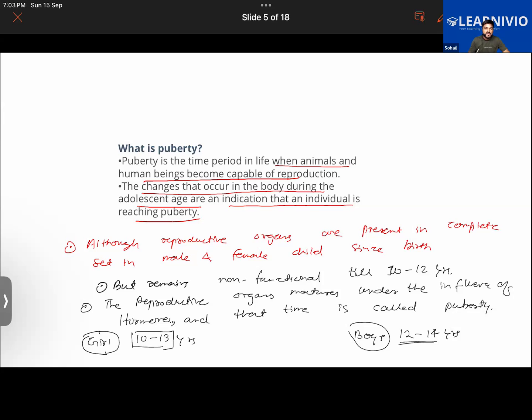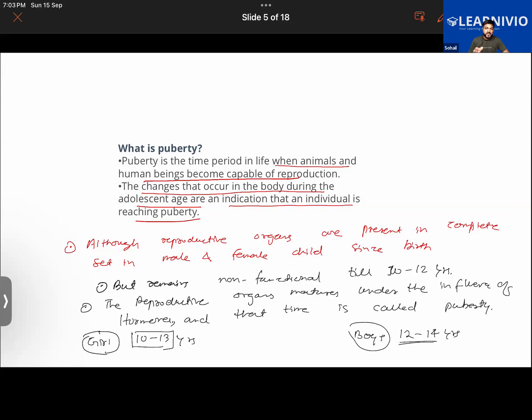And at puberty, many changes occur in the bodies of boys and girls. Both of them, whether boys or girls, have a rapid increase in the rate of growth, the height, etc. during puberty. Puberty is marked by the development of secondary sexual characters, like the growth of facial hair and deepening of the voice in the boys, then development of the breast and start of the menstruation cycle in the case of girls.